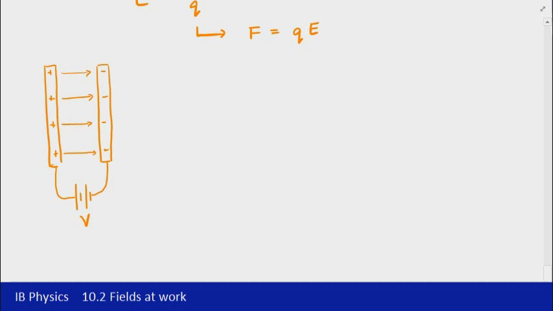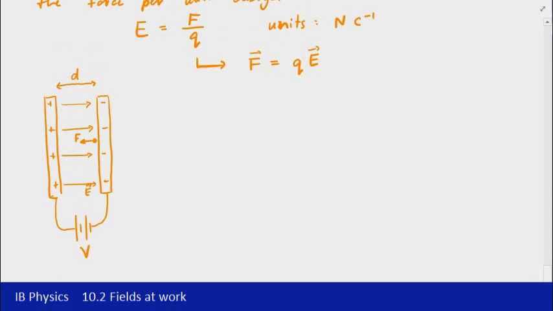We're only looking at the uniform field inside. Now, important to note here that these plates are separated by some distance d. And if we consider again that idea of looking at a charge, if we had, say, a positive charge here, we would apply a force to it that would cause it to move to the left, and that force, as we saw above, would be equal to, it should actually indicate that these are vectors, the charge multiplied by the electric field strength.